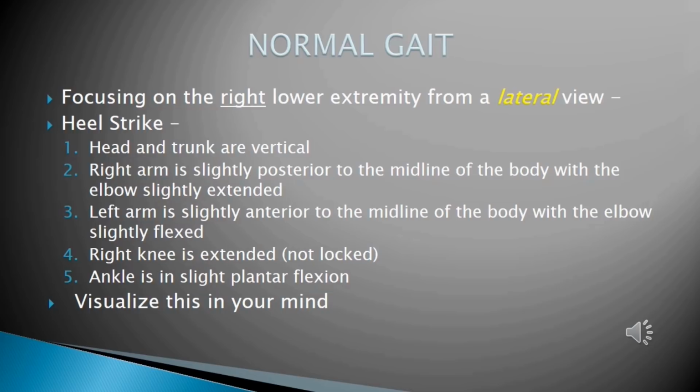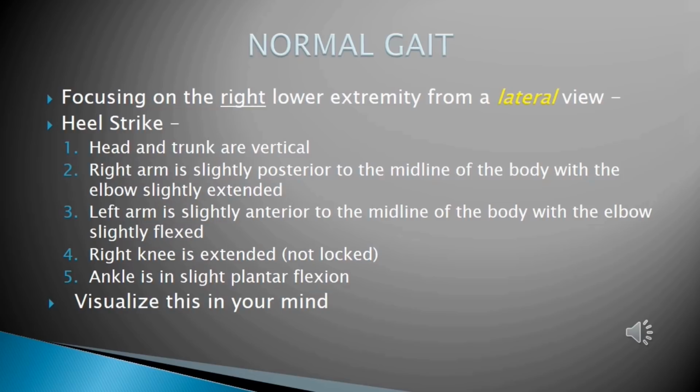Well, normal findings would include the facts that the head and trunk are vertical, the right arm is slightly posterior to the midline of the body with the elbow slightly extended. And this is an important point. So note that as the right lower extremity comes forward, the right upper extremity goes posterior.